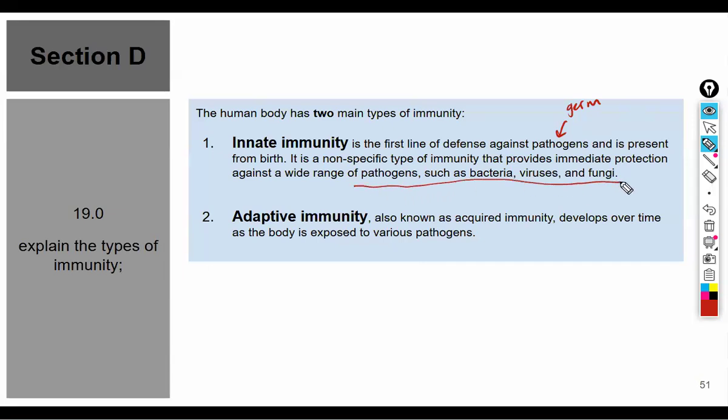Let me just simplify that for you. When a baby is born and comes into this world, you know what the bacteria will do? Remember, it's a new world. Bacteria from the environment are just going to rush towards that baby and try to make the baby sick. A baby is born with some form of protection.